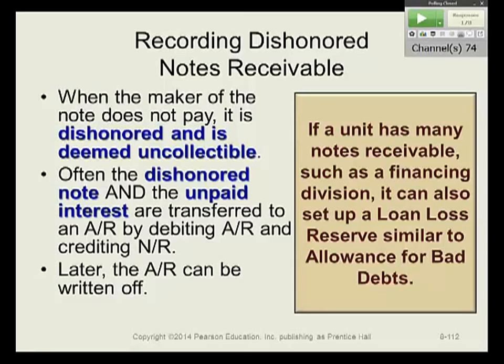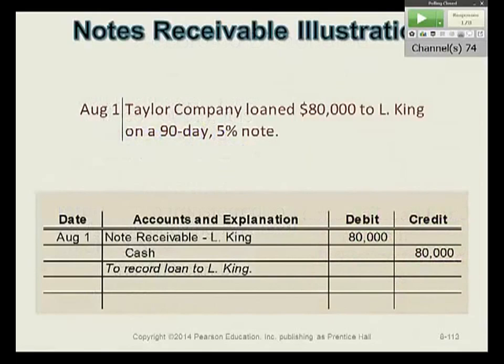As evidence of the debt, you can now take that receivable and replace it with a note. Or if a note receivable is dishonored, or is not paid, then obviously the note is useless, and you can transfer it to an accounts receivable. So here's an example.